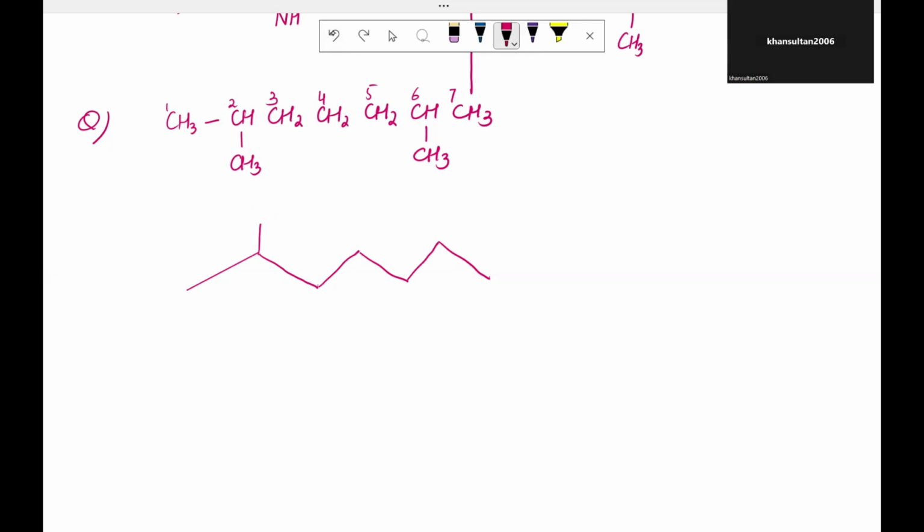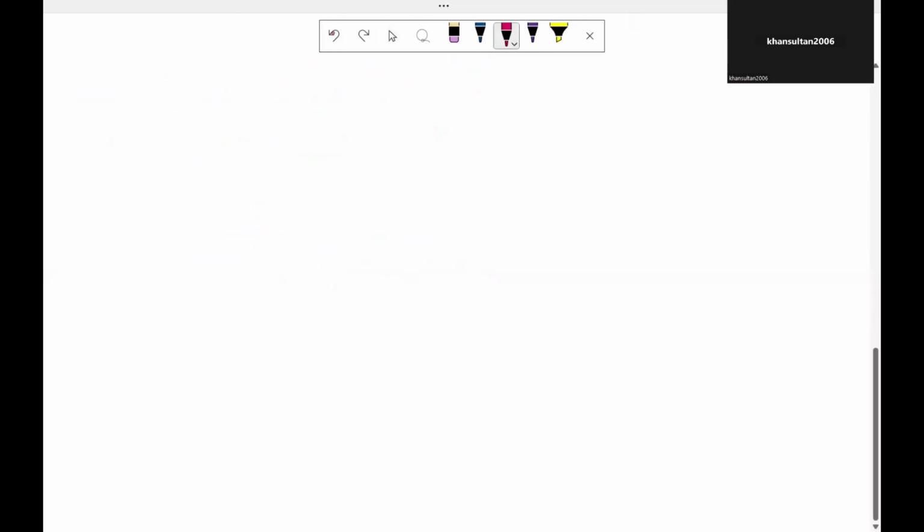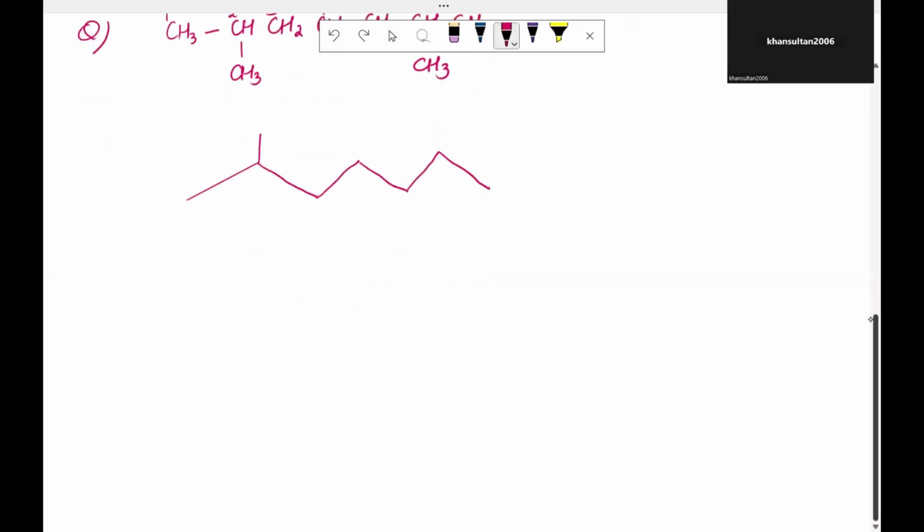When you draw it in the structural formula, it doesn't matter what side you draw it on. It's the same thing. So at the sixth carbon, we are going to have another branch chain, and it would be like this.